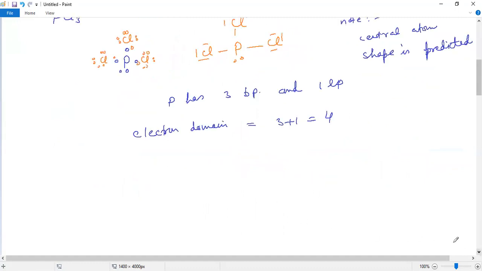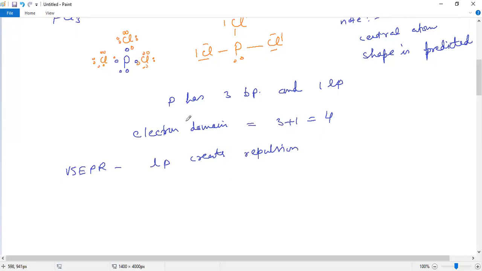Now, with respect to the electron domain 4, our shape should be tetrahedral. But the actual shape is pyramidal because of the presence of a lone pair. So as per VSEPR, lone pair creates repulsion. That's why the actual shape of the molecule is not the predicted one.